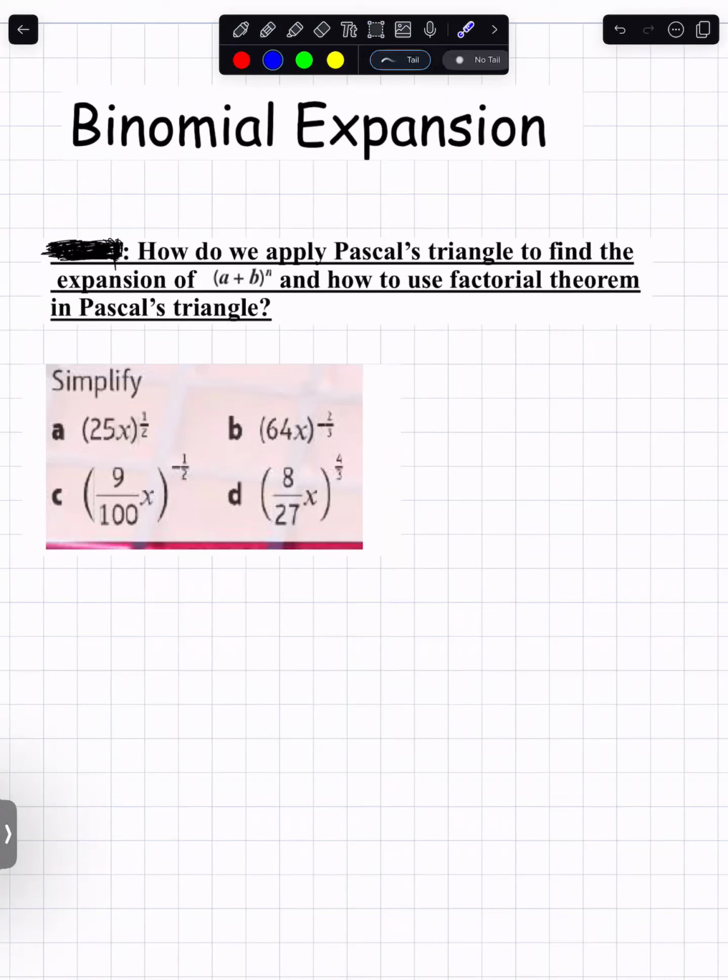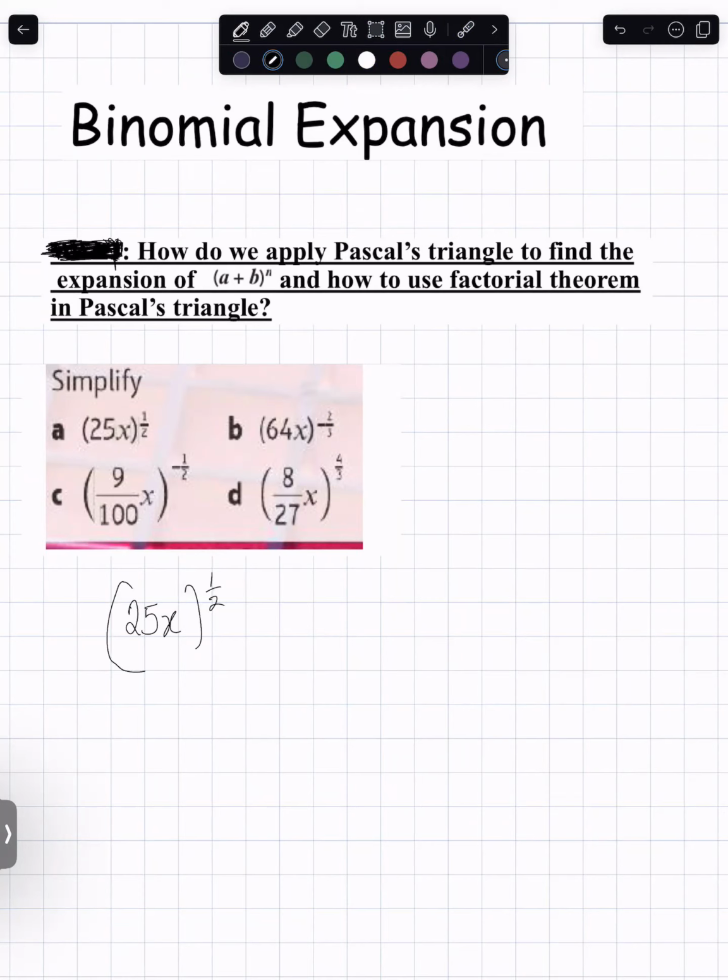Before we proceed, I would just like us to use our basic idea of expansion to solve the following questions given to us. We have 25x raised to the power of half. From this we have the law of indices.